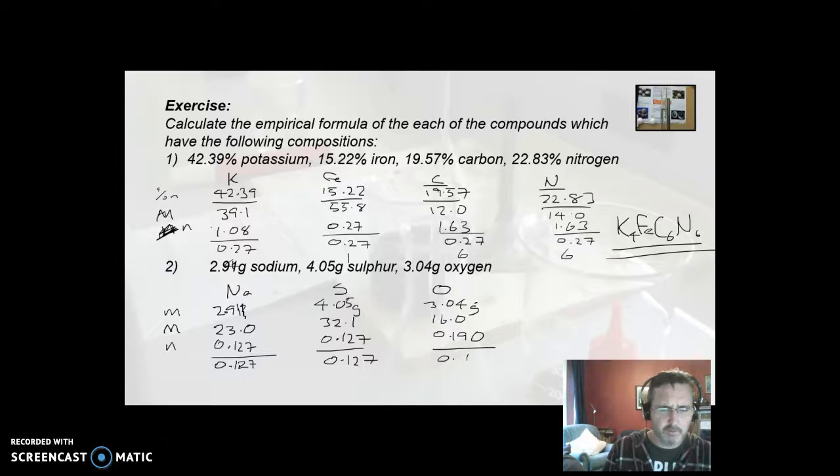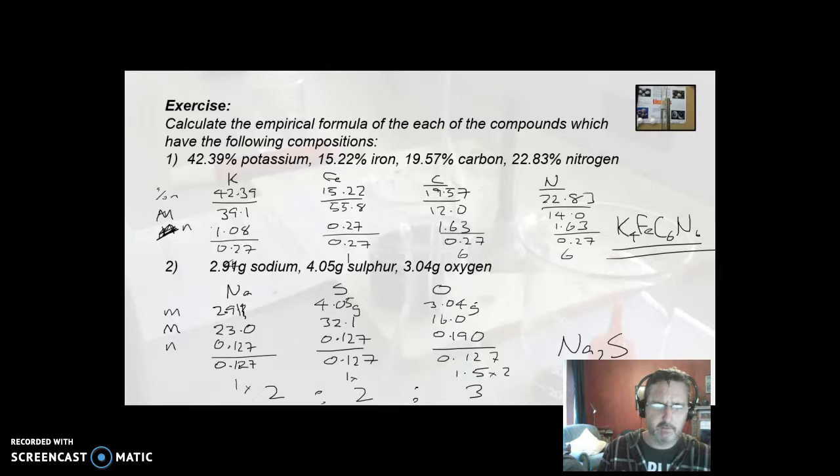So with 0.127, I come up with my ratio 1 to 1 to 1.5. But these aren't whole numbers. We've got a 1.5 here, so I have to multiply everything by 2 to get a whole number. So I get 2 to 2 to 3. This is my mole ratio of sodium to sulfur to oxygen. So I'm going to have Na2S2O3, sodium thiosulfate. Done. And that's how we work out empirical formula.